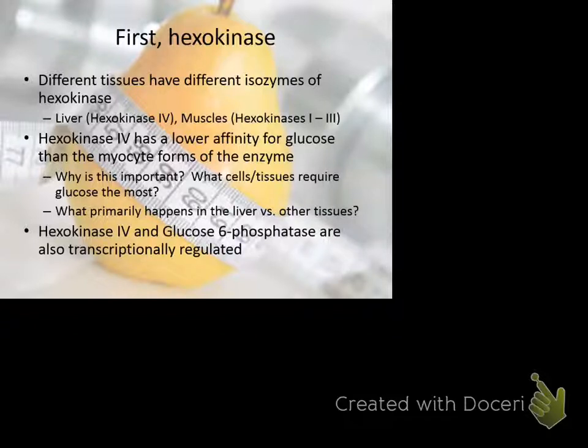Okay. And so, that's one reason. What primarily happens in the liver that doesn't happen in other tissues? Stores glycogen. It stores glycogen, so glycogen synthesis, and what else? Well, muscles also can store some glycogen, but there's something else really important that it does that we've actually been talking about already.